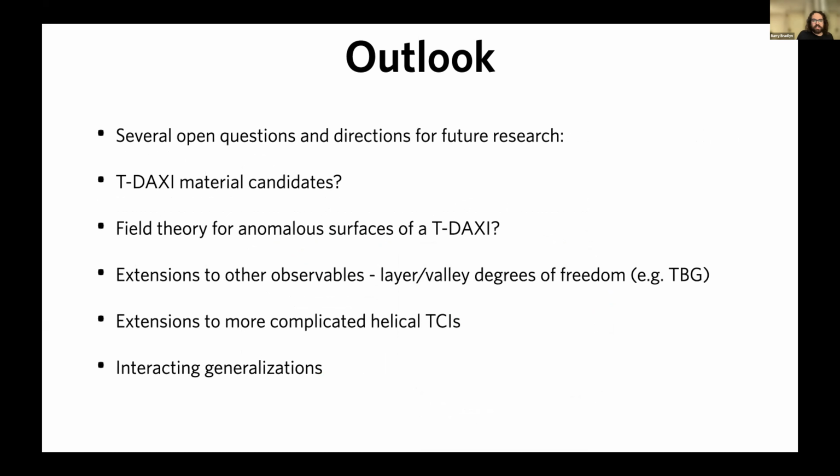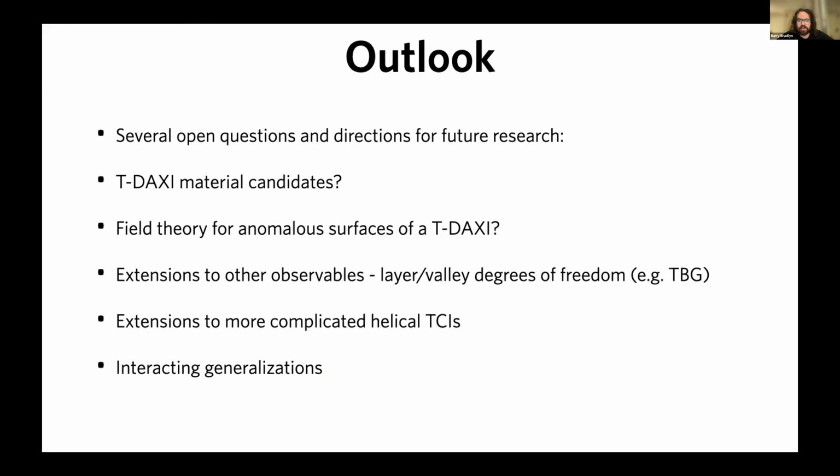So there are several open questions for future research. One is looking for material candidates for these time reversal doubled axion insulator phases that feature these anomalous spin response properties. One thing we're working on is to develop a field theory description for the anomalous surfaces of these systems.